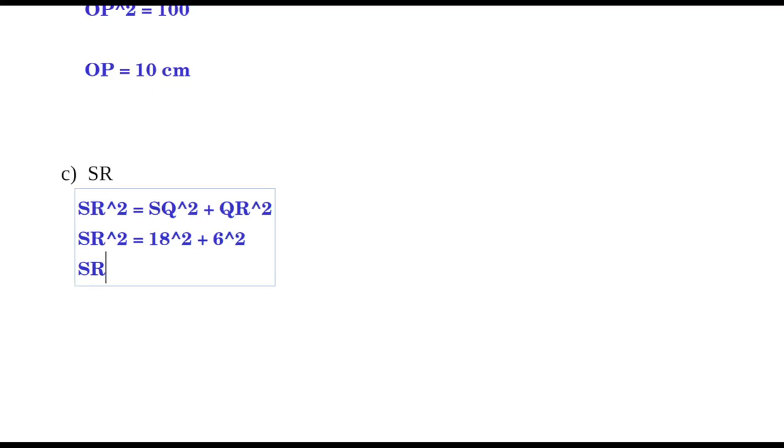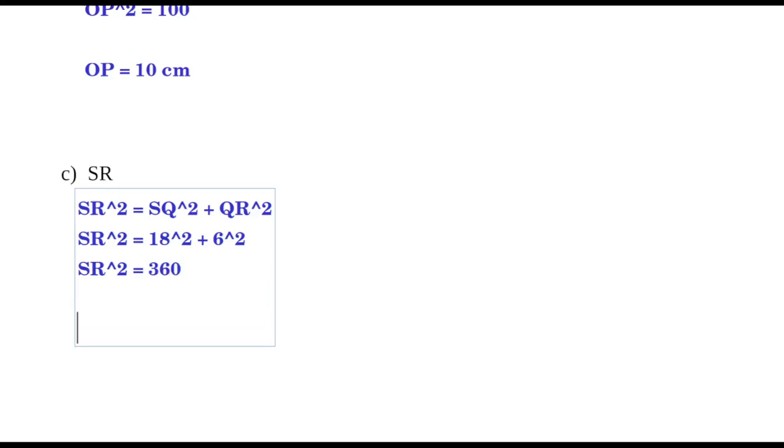Now let's take this one down here. So SR squared is equal to 18 squared plus 6 squared. 18 squared plus 6 squared is giving me 360.